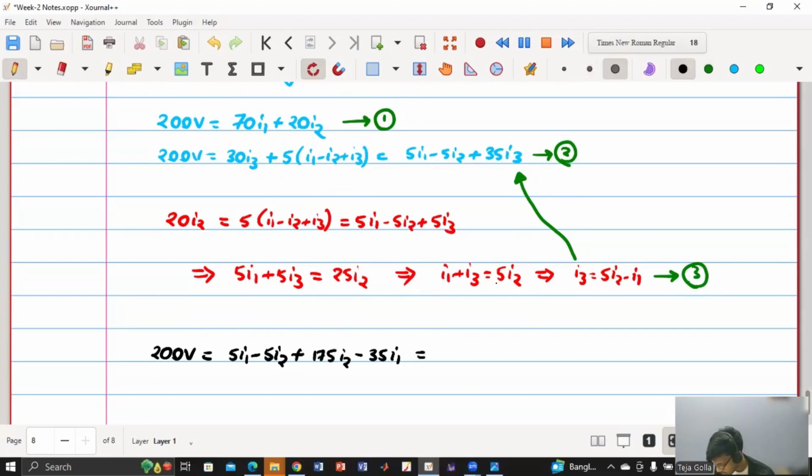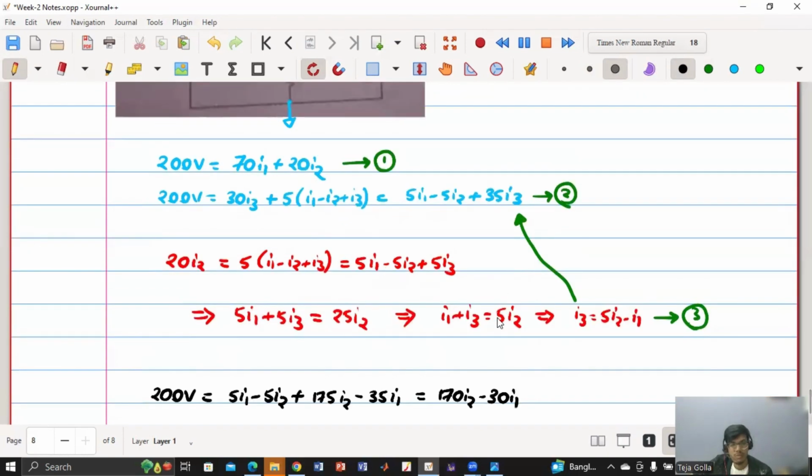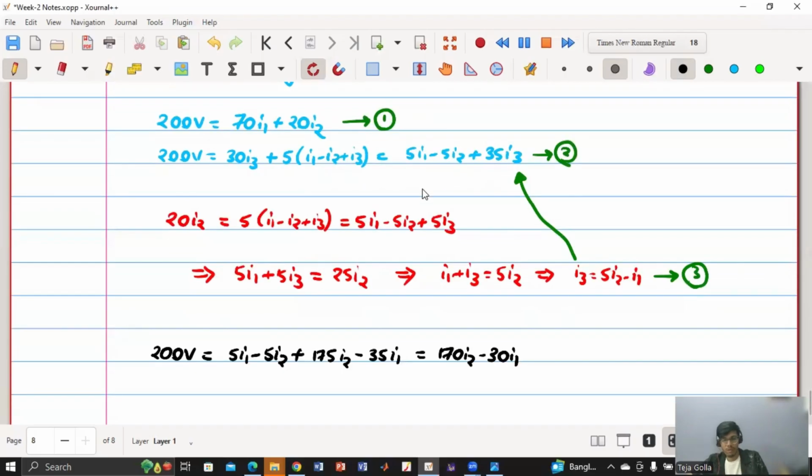So this is 170 I2 minus 30 I1. Say this is equation 4.